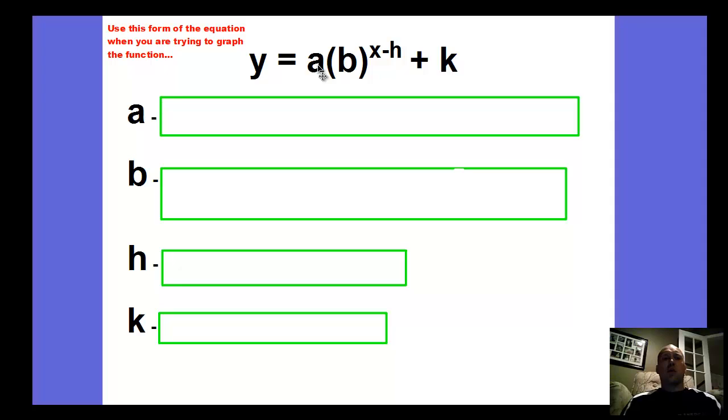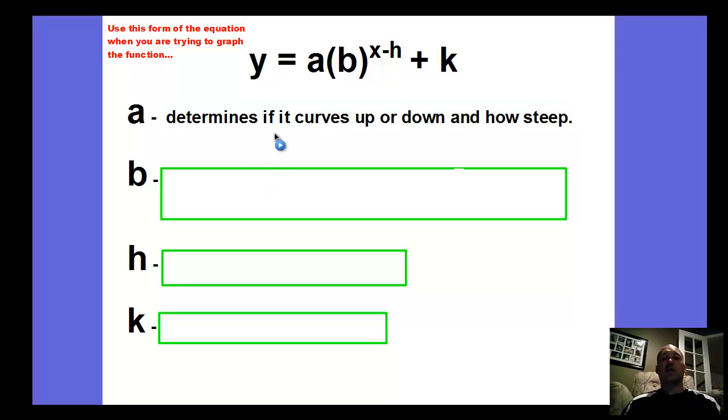So we can use this form when we're trying to graph functions. This is the general parent function. We should realize what each of these variables represents from yesterday. The A value determines if the curve goes up or down and how steep. If it's positive or negative, it curves up or down, the reflection, and how steep is a vertical stretch.